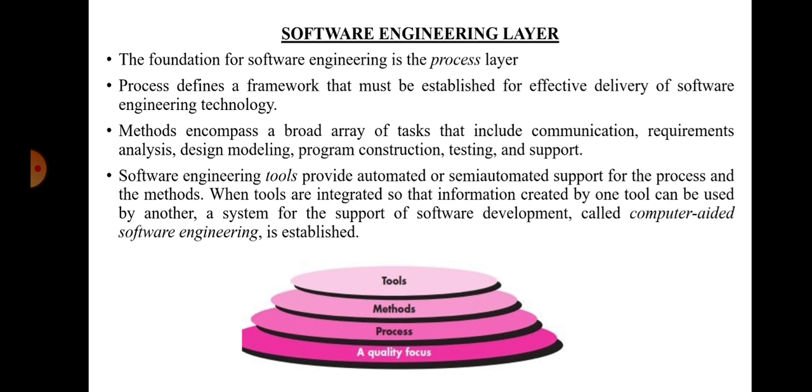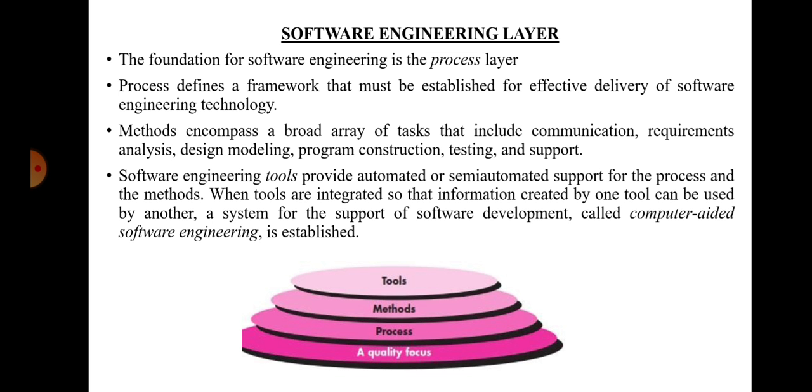The final one is tools. Tools are mainly used to support the process and the methods. When tools are integrated with each other, so that the information created by one tool can be used by another tool, the system which provides support for software development is called computer aided software engineering.